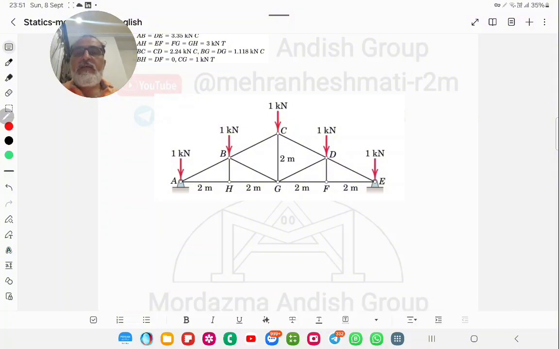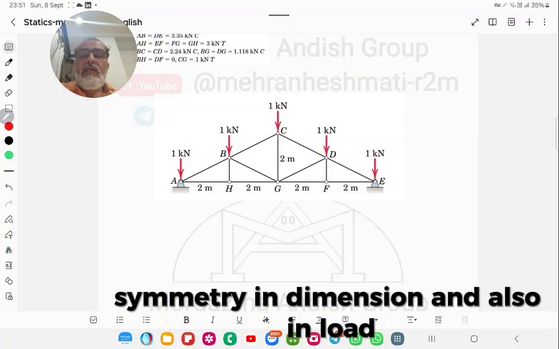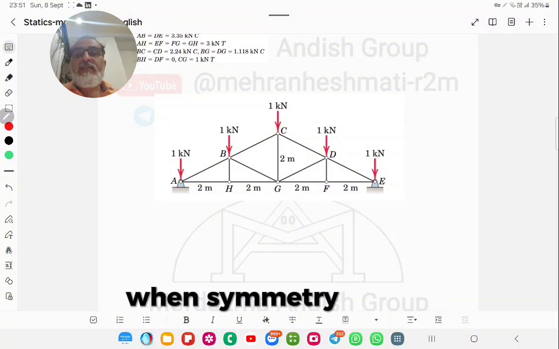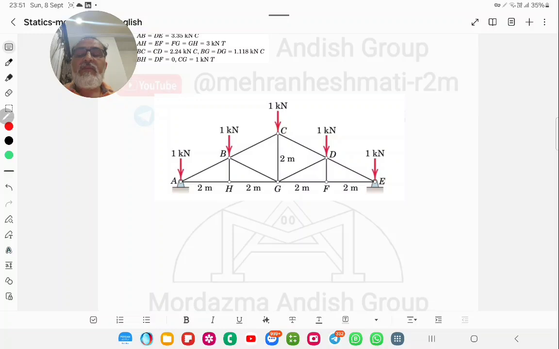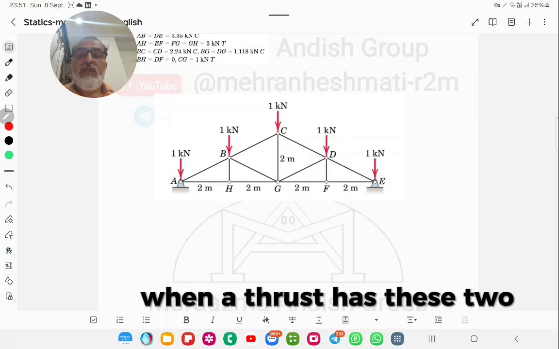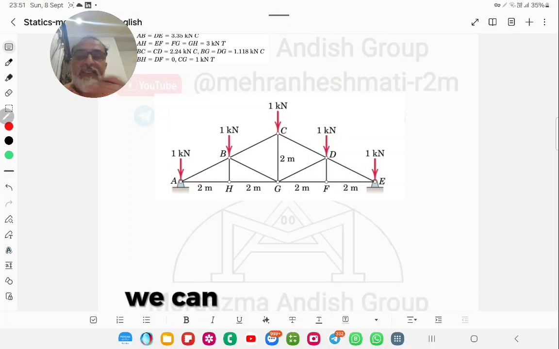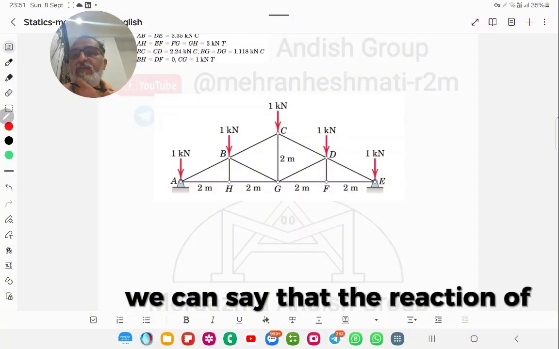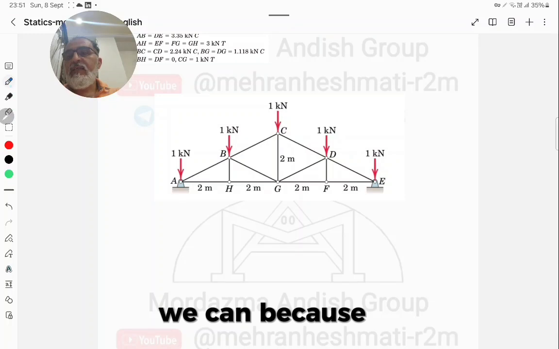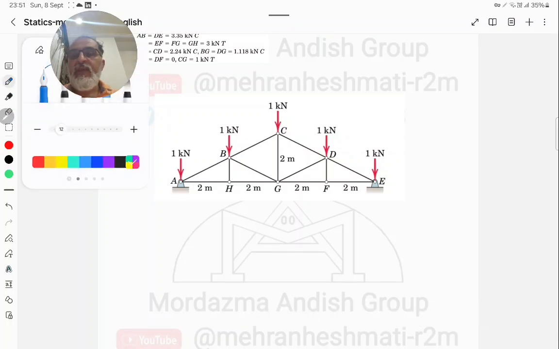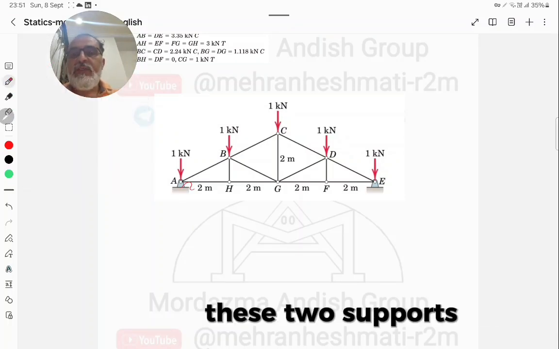A truss or a structure should be symmetric in dimension and also in load. When a truss has these two conditions, we can say that the reactions of the supports are the same.